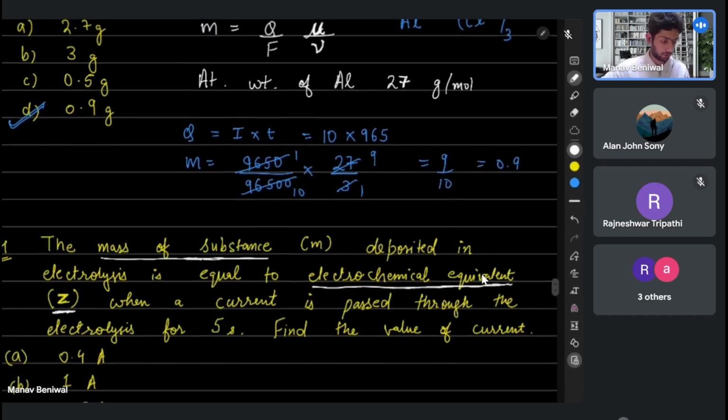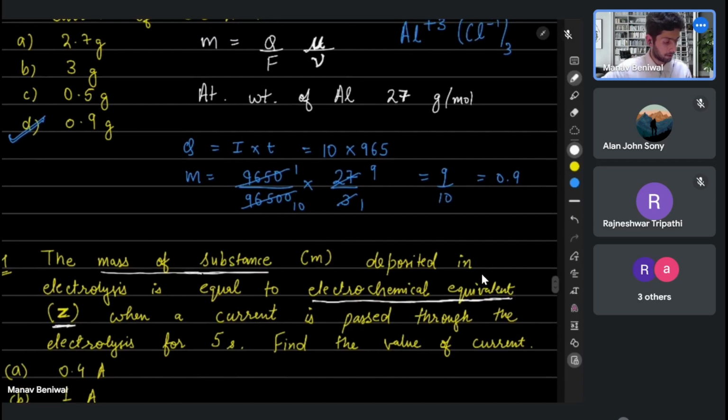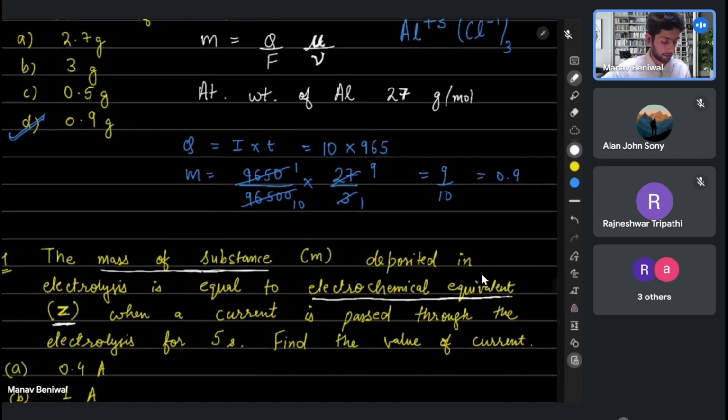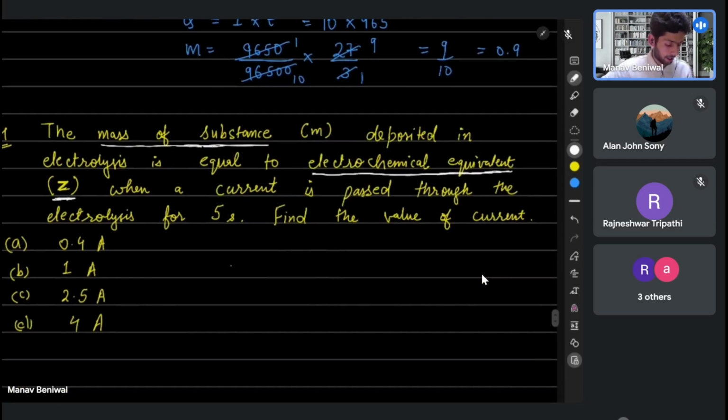Again, we have this formula. I'll rewrite it here. Your M is Q over F multiplied by your mu over nu, correct? And for this problem, you will again require this formula.